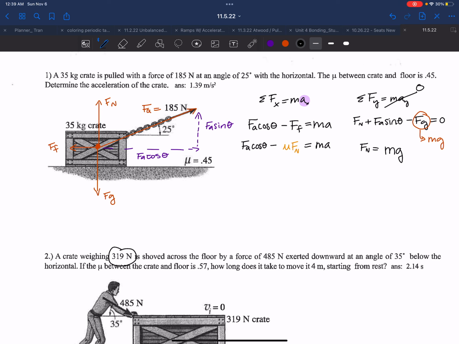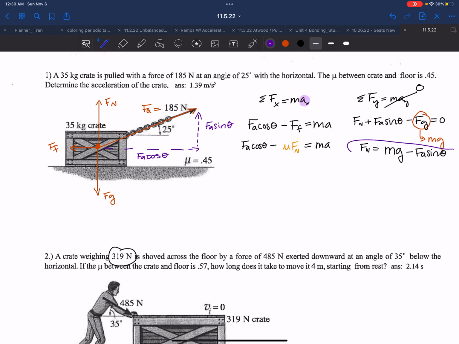So mg is going to be positive, and then F_A sine theta is going to be negative. And this is really because F_A sine theta was originally positive and F_g was negative. So I just made them opposite of each other. So all of this, I'm going to plug it in right over here for F_N.